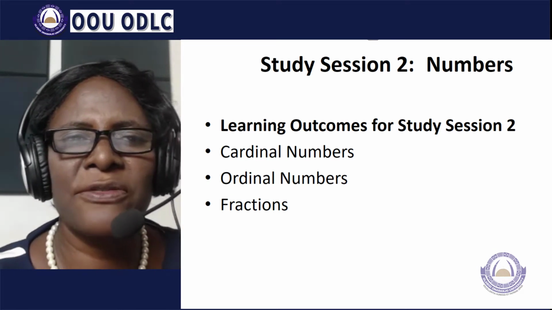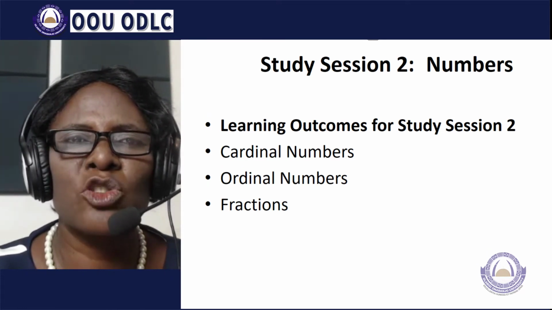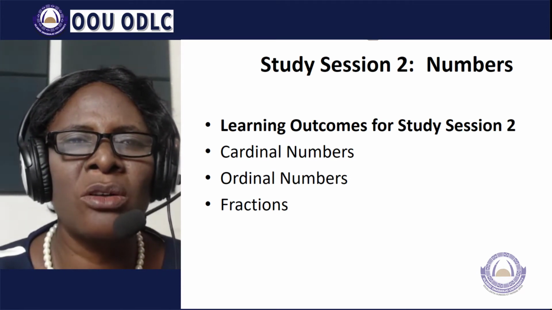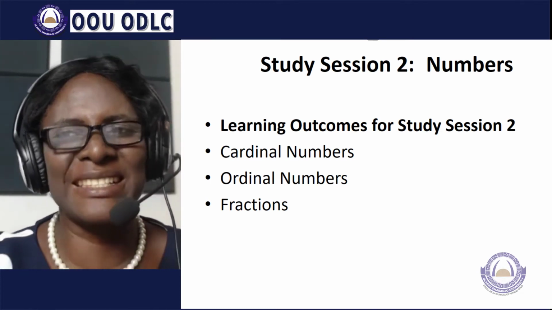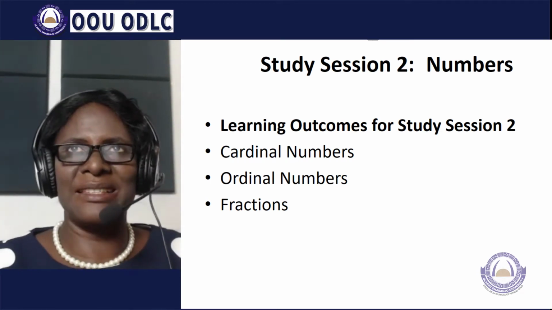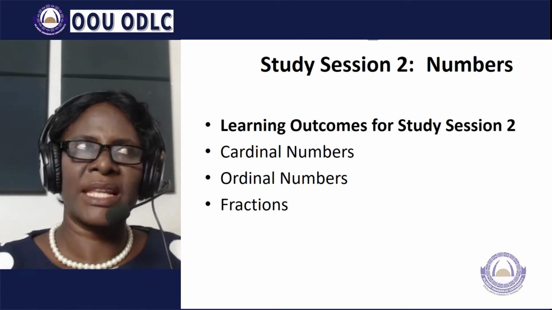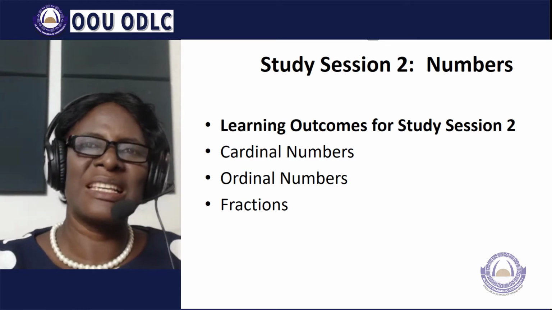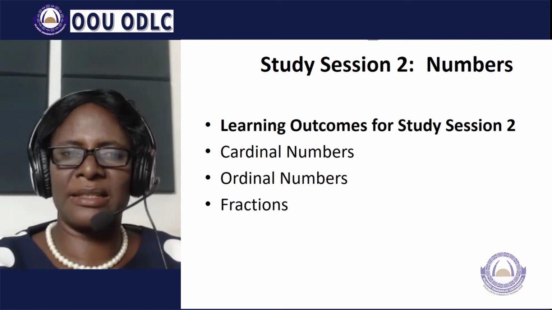Then 74, soixante-quatorze. 75, soixante-quinze. 76, soixante-seize. 77, soixante-dix-sept, because 17 is dix-sept. So it becomes 3 digits: 60, 10, 7. You pronounce them together: soixante-dix-sept.